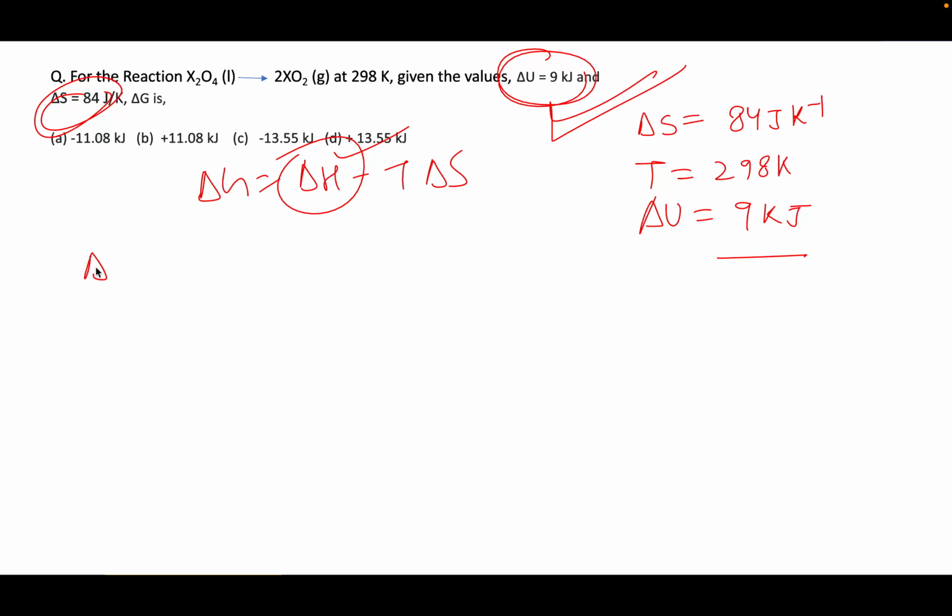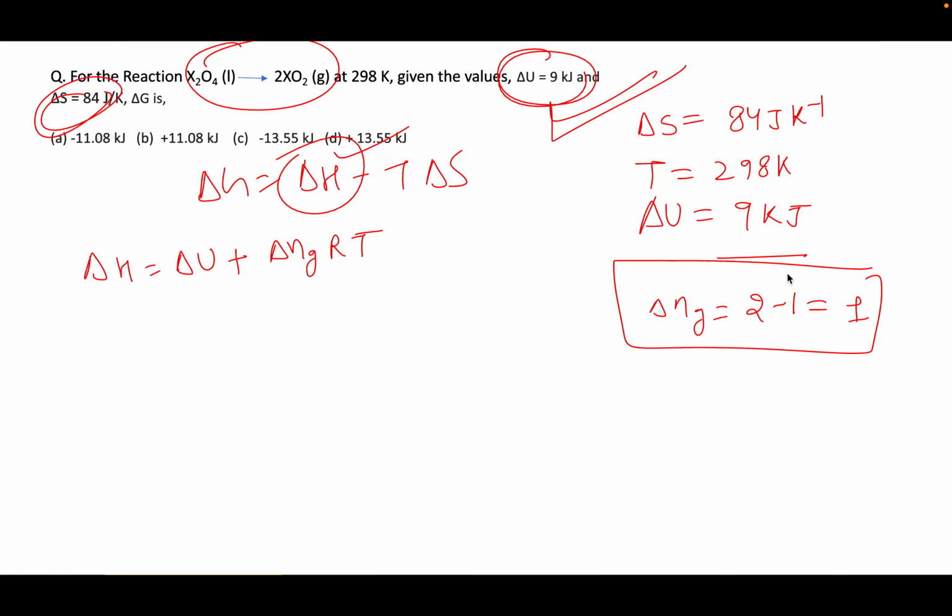So we know that delta H is equal to delta U plus delta Ng RT. And in this process, what is delta Ng? Delta Ng is the number of moles of gas in product minus number of moles of gas in reactant. So this is 2 minus 1, this is 1. Delta U is 9 kilojoule plus delta Ng is 1, R is 8.314 joule per Kelvin per mole, temperature is 298.